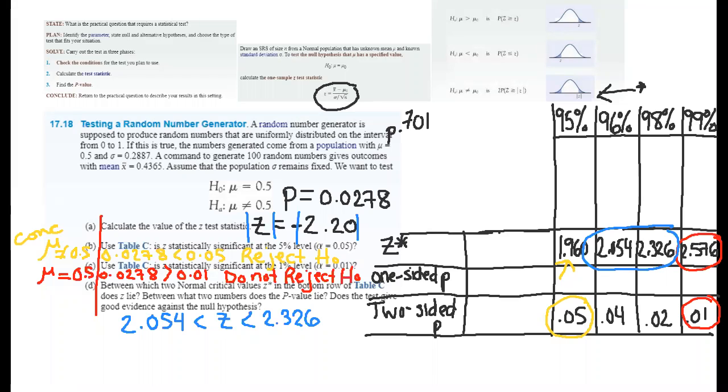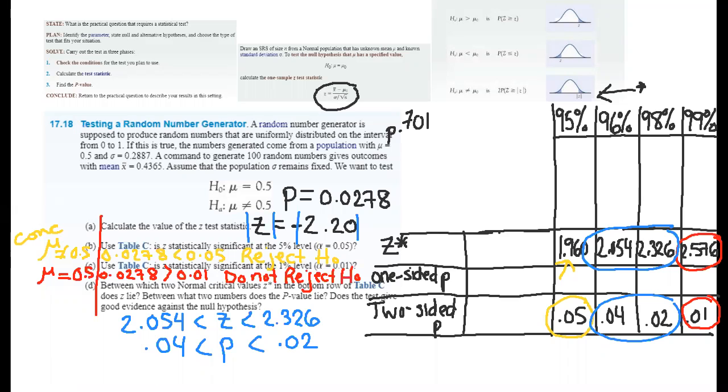And now between what two numbers does the p-value lie? So p is between 0.04 and 0.02. And then it asks us, does the test give good evidence against the null hypothesis?